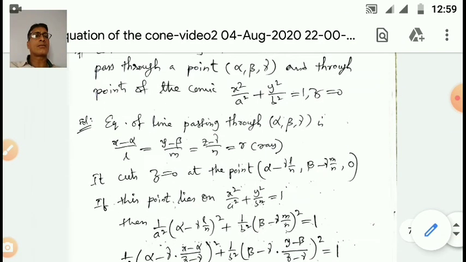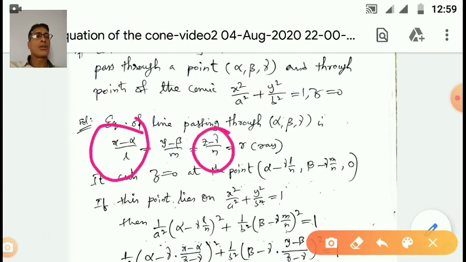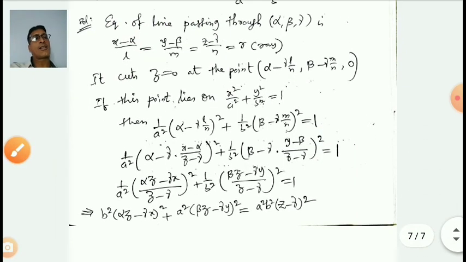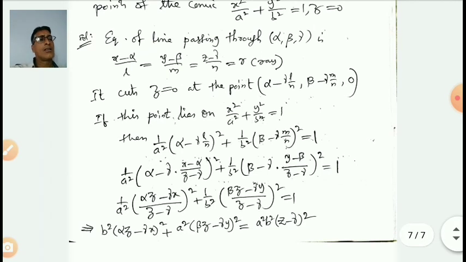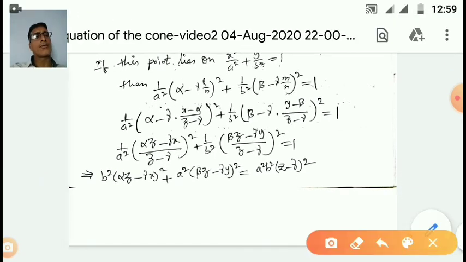From these terms, we will have l by n is equal to x minus alpha by z minus gamma, and m by n is equal to y minus beta by z minus gamma. Therefore by putting these two values in this equation, we will get this equation.